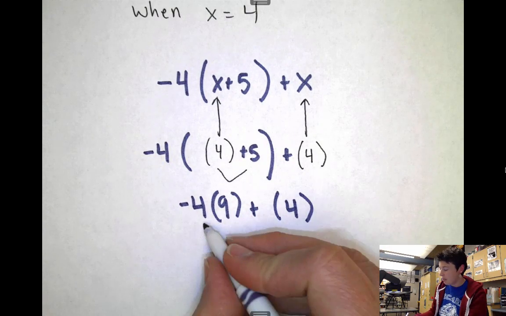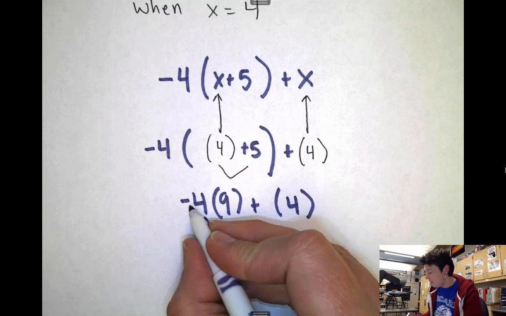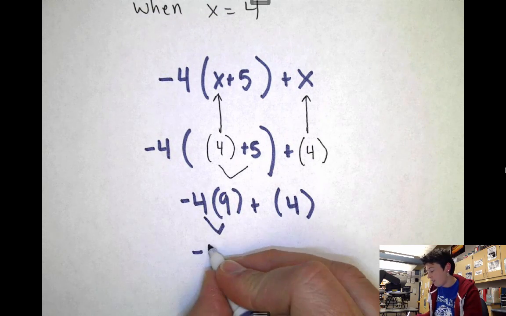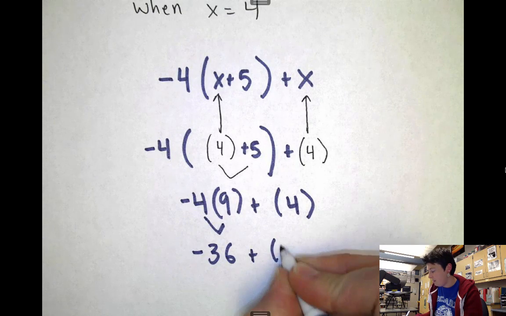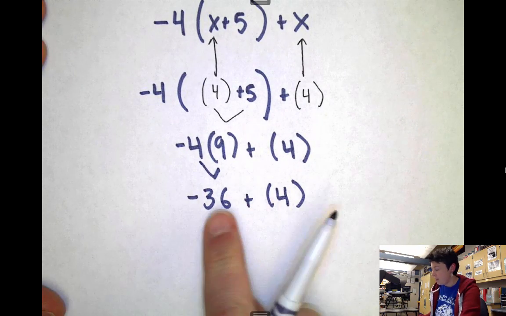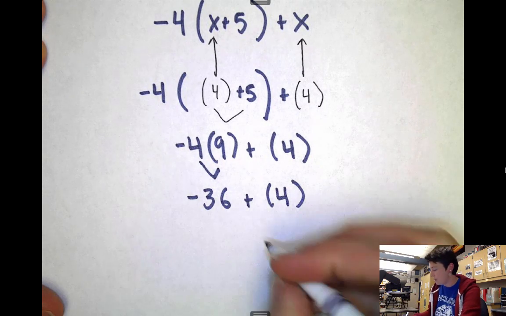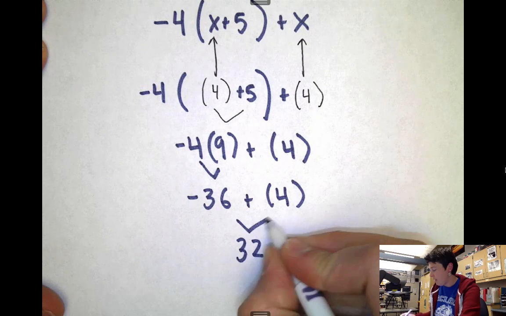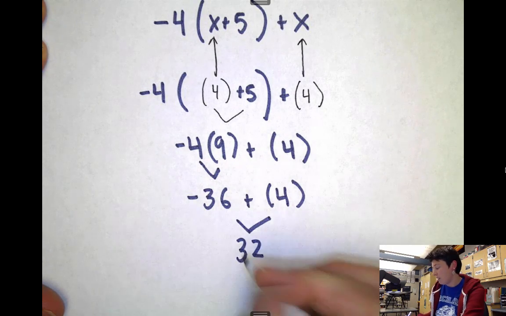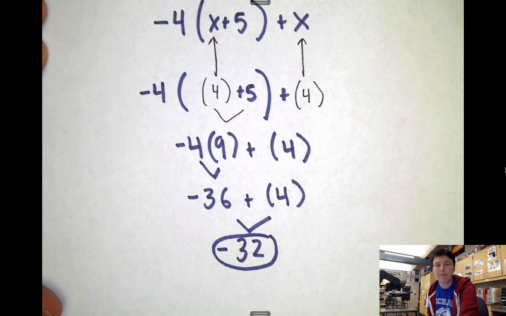Now I'm going to multiply 4 times 9. 4 times 9 is 36, but it's a negative times a positive, so it's negative 36 plus 4. And then I see an addition problem with different signs, a positive and a negative, so I'm going to subtract. 36 minus 4 is 32. And the biggest one is 36. It's negative, so this is negative 32. And I have my answer.